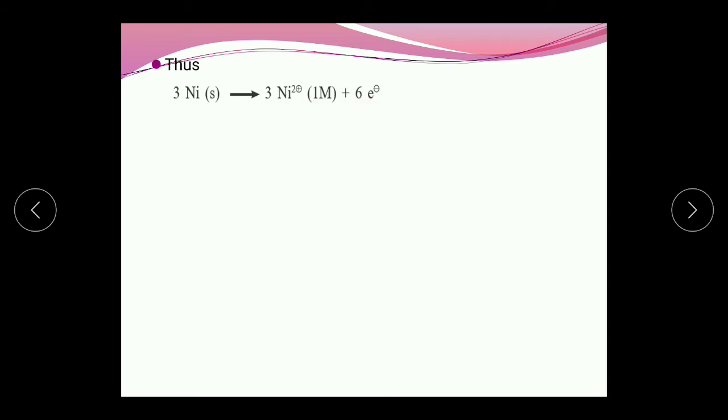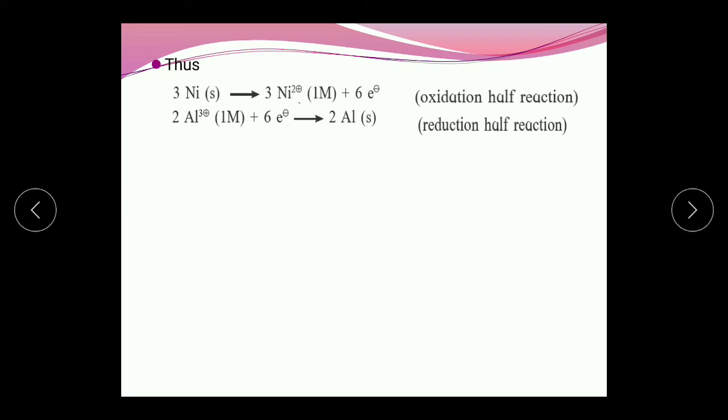In the same way, the reduction half reaction we are going to multiply by 2, to get 6 electrons. So 2Al plus 3 plus 6 electrons will give you 2 neutral aluminum, and this is the reduction half reaction. Why did we multiply it? To balance the number of electrons. And if we add these two reactions, what will happen?